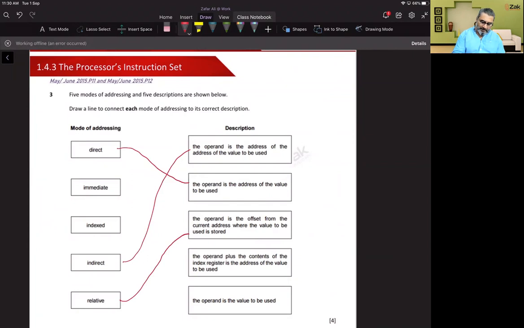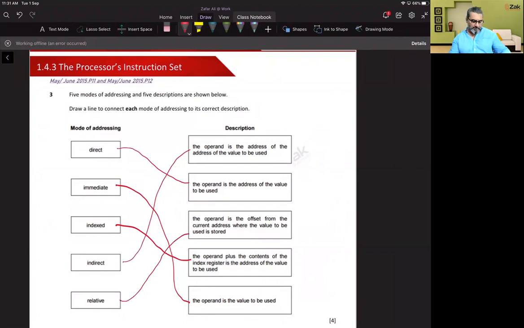The operand plus the contents of the indexed register is the address of the value to be used. So this is indexed. The operand is the value itself. So this is immediate. You have to have a good knowledge of it.